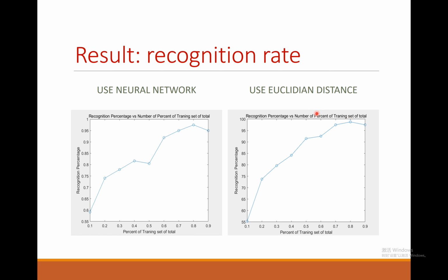So let us compare the performance of the two methods. The first method uses the neural network, and the second one uses Euclidean distance. We compare their recognition percentage, how much they can correctly recognize input images.